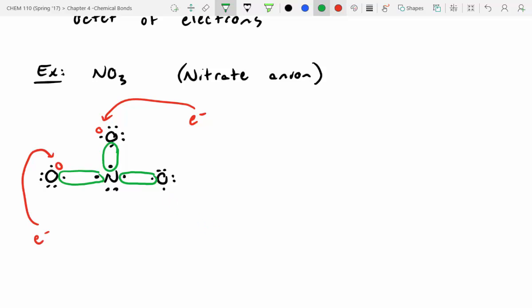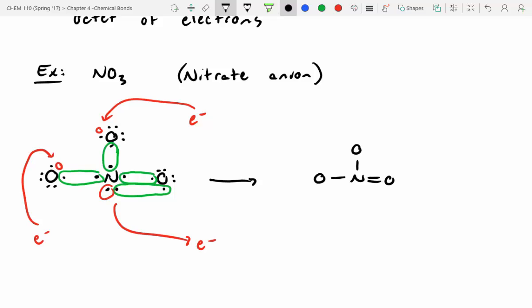That'd be a really charged species to have 3 negative. What if we partner up this electron, and then we're going to take this electron out. So we'll form a covalent bond. Now let's try redrawing this. And now we've got oxygen, single bonded to nitrogen, single bonded to oxygen, double bonded to oxygen. This oxygen on the right has 2 lone pairs.